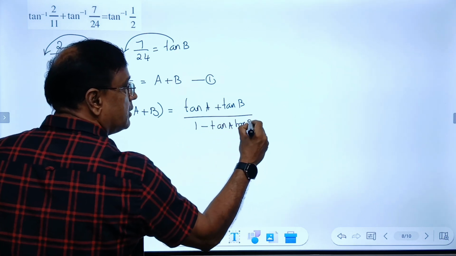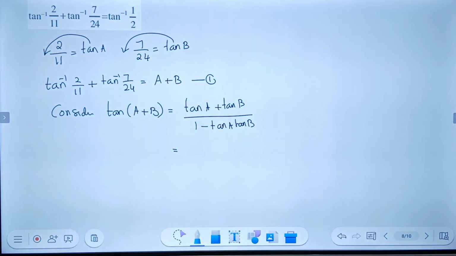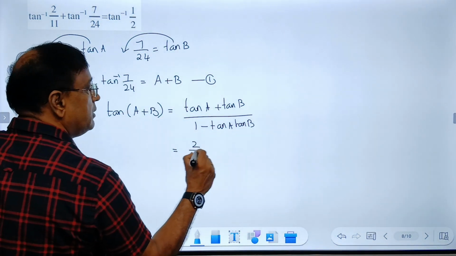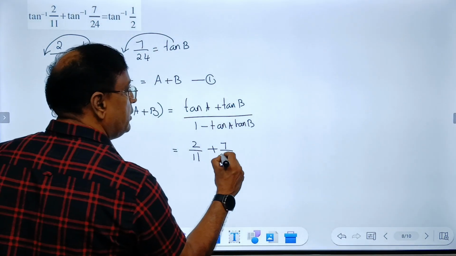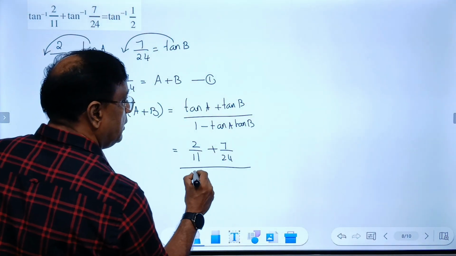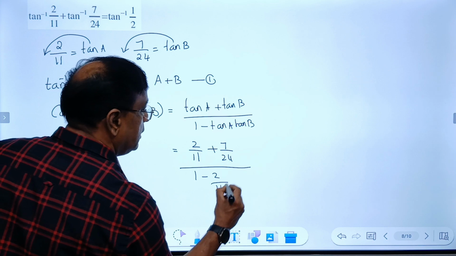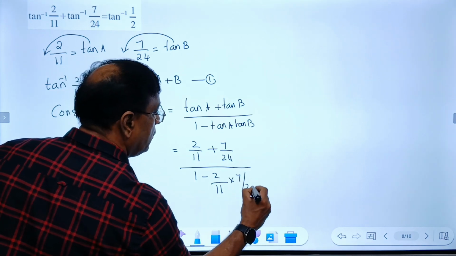Isn't it great? Now what is tan A? It's 2 by 11. What is tan B? It is 7 by 24. So it is 2 by 11 plus 7 by 24 divided by 1 minus 2 by 11 into 7 by 24.